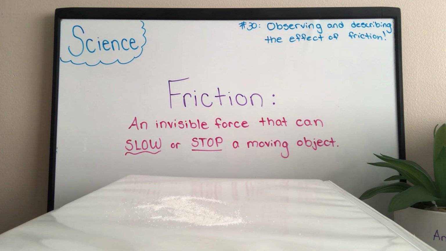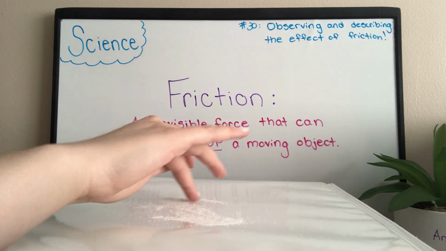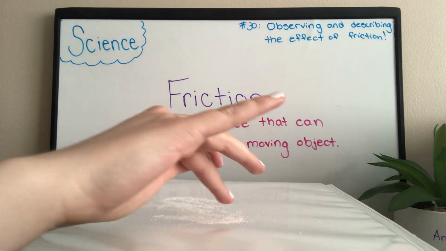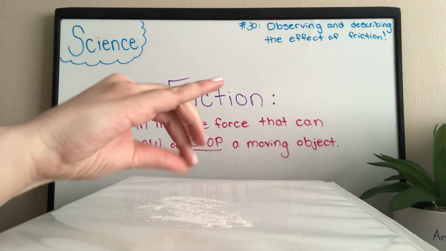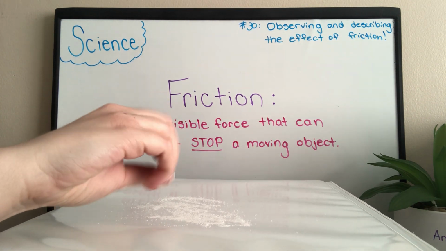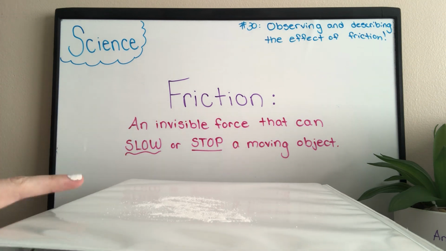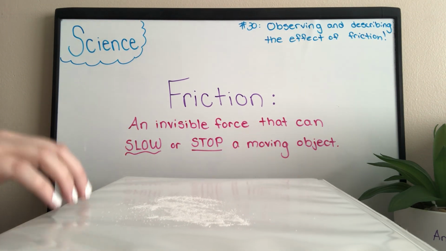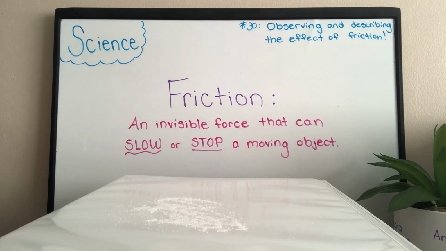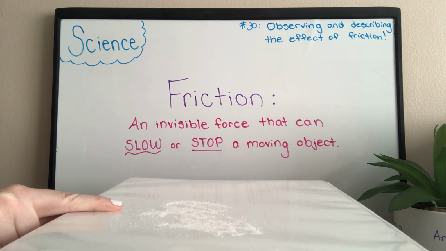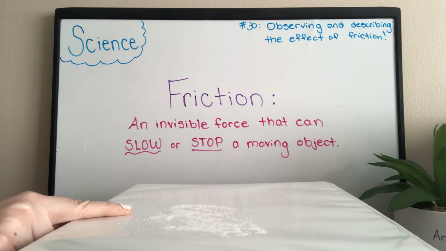Maybe bumpy. Almost a little bit like sandpaper. Yeah, the salt makes it a lot harder for me to take my fingers and run it across the binder. The salt is creating friction here.